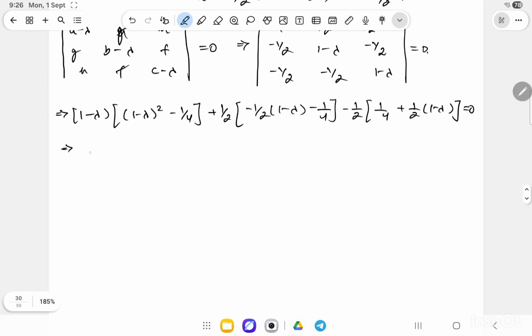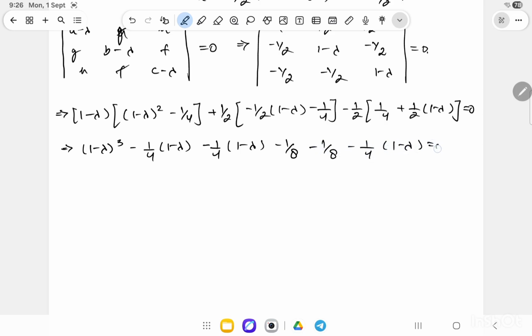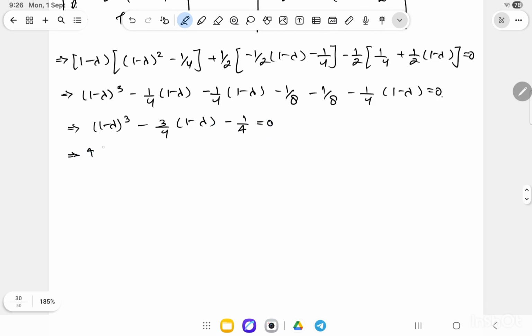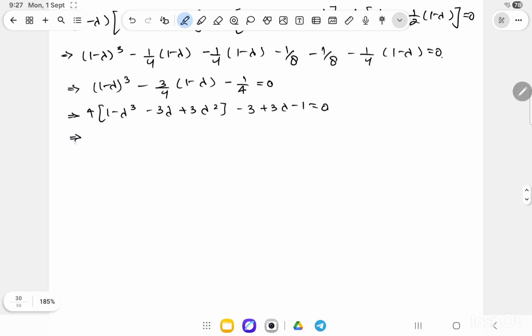If I simplify it, I get 1 minus lambda cube minus 1 by 4 into 1 minus lambda minus 1 by 4 into 1 minus lambda minus 1 by 8 minus 1 by 8 minus 1 by 4 into 1 minus lambda equals 0, which gives 1 minus lambda cube minus 3 by 4 into 1 minus lambda minus 1 by 4 equals 0, that is 4 into 1 minus lambda cube minus 3 into 1 minus lambda minus 1 equals 0. Expanding, this simplifies to minus 4 lambda cube plus 12 lambda square, and the 4 3s give minus 12 plus 3, that is minus 9 lambda, and the constant term is 4 minus 4, which is 0.